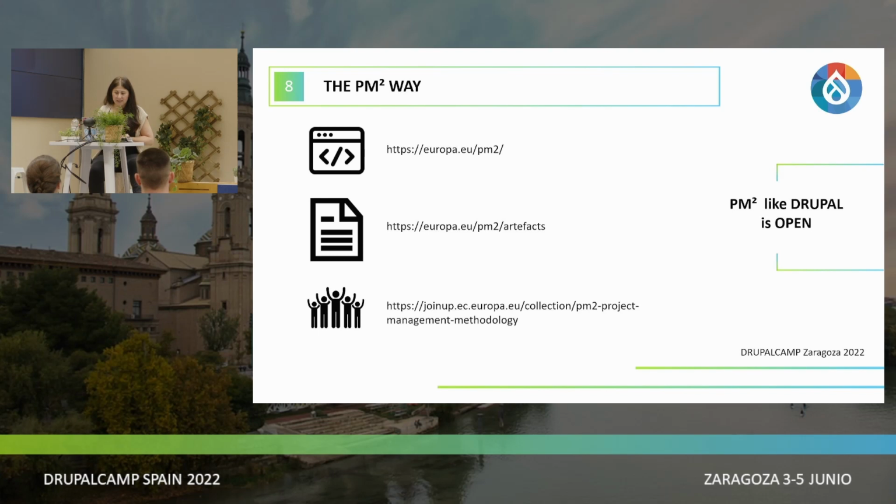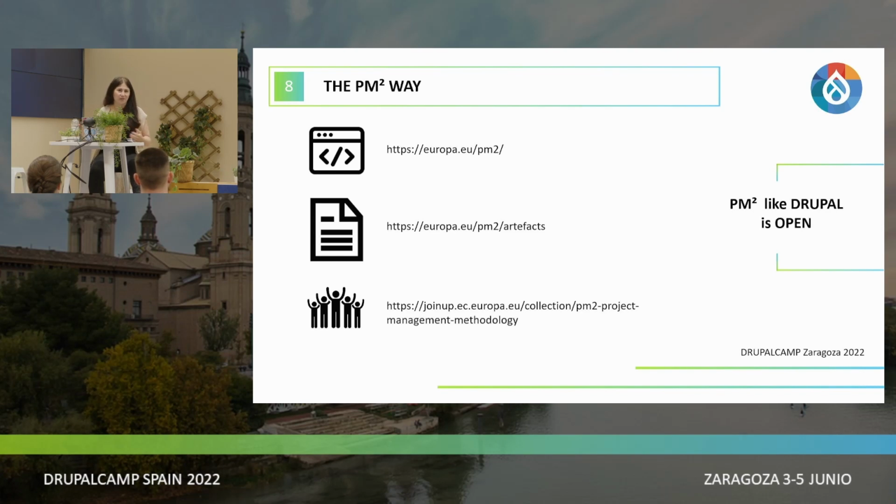Okay, as I already mentioned, PM Square is open, like Drupal, and I put here some resources. I will share my presentation later on my socials, but we have a very good website under europa.eu that you can check. There you have, of course, more information than I explained today because we don't have time.